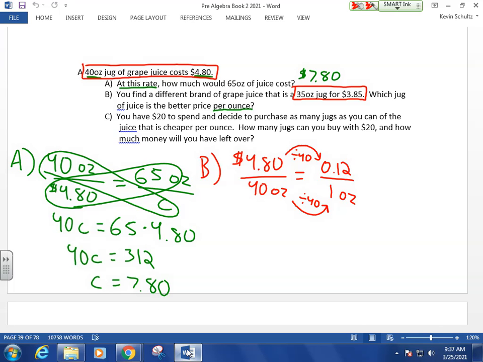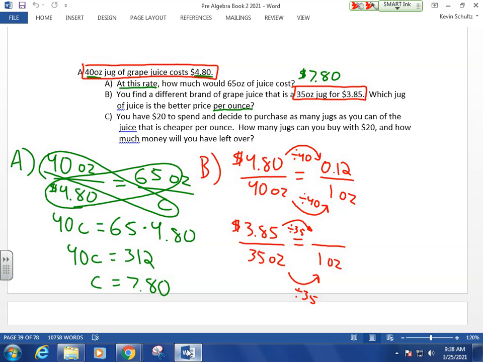Now we go to our other one. This one is $3.85 for 35 ounces. We again want to get this to be the price per ounce. So we'll be dividing by 35. Dividing by 35.